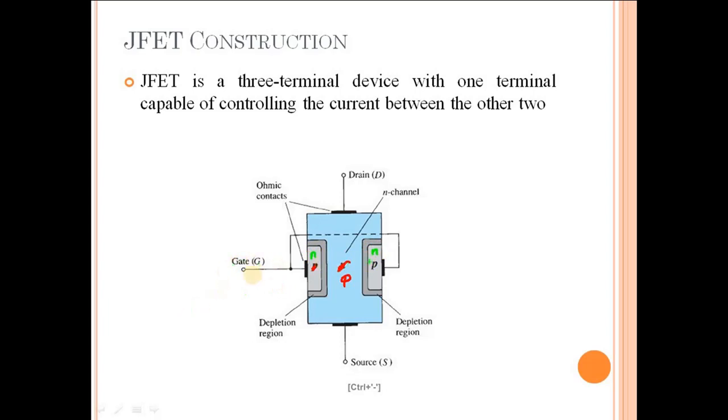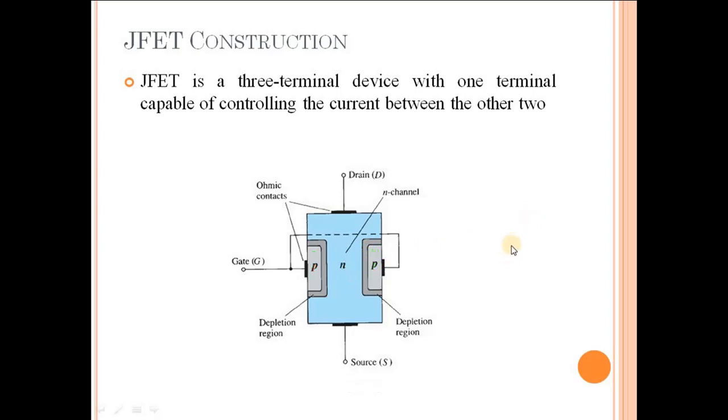In that case, the two embedded layers would have been n-type layers, and this would have comprised the p-channel JFET. So in a p-channel JFET, the channel will be of p-type semiconductor, and the two embedded layers which give out the gate terminal must be of n-type semiconductors. So this is all about the construction of the n-channel JFET and the p-channel JFET.